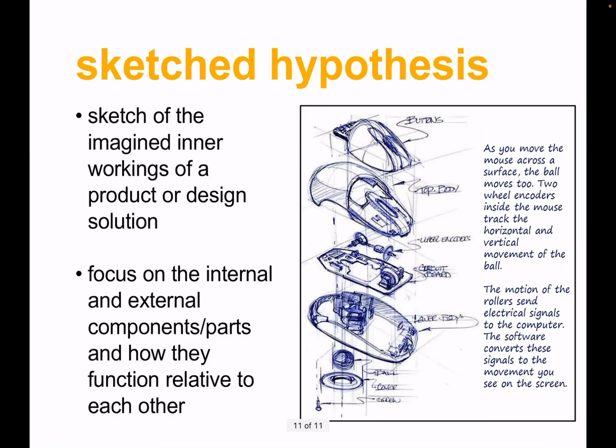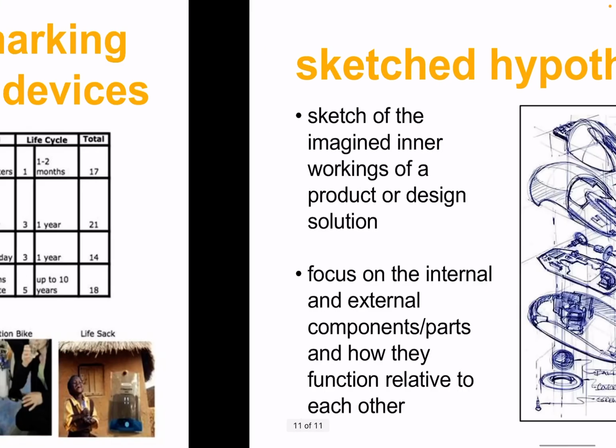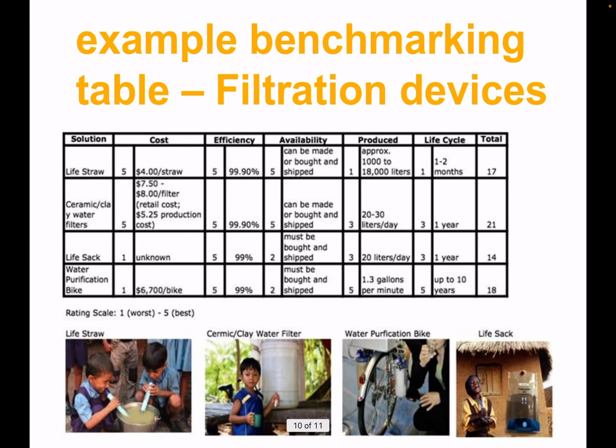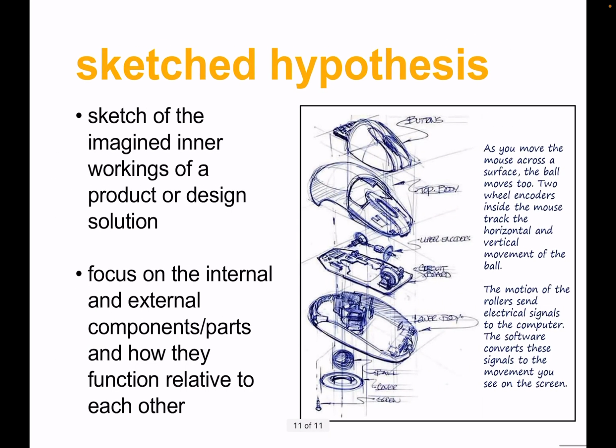The next step will be to start sketching some of your hypotheses. So trying to understand how do things work. So in that example, if you were doing the water filtration devices, trying to figure out how those actually work. The example here on the right side of the slide is a mouse that you use for a computer.